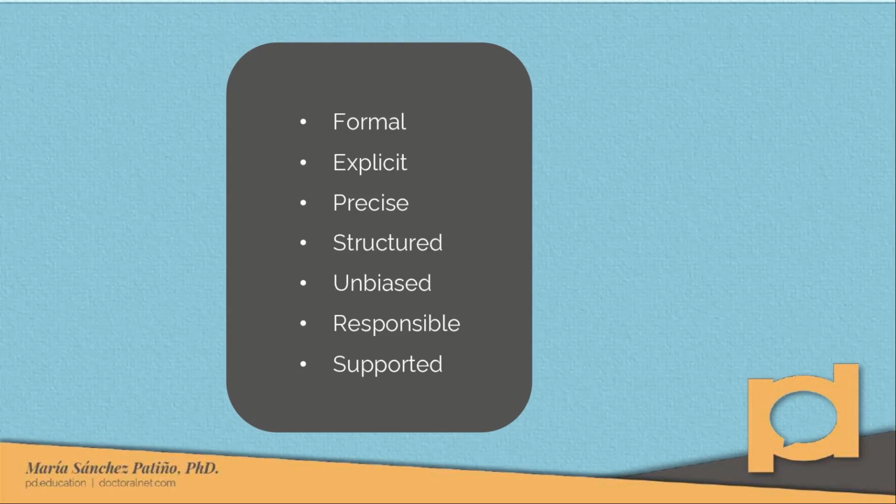Academic writing requires that you behave responsibly in relation to the evidence provided, the handling of the information, especially when dealing with data, and the way you understand and acknowledge other people's ideas. Those things must be reflected in your papers. And finally, to convince people, you must present evidence that supports your claims.